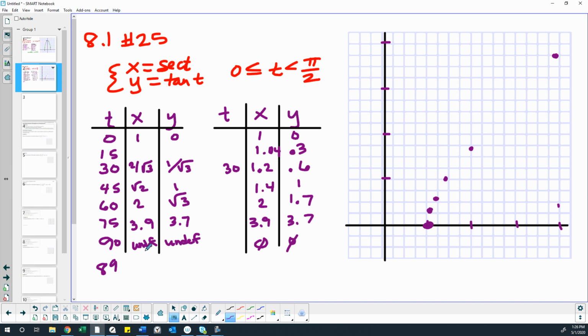Anyway, yeah, sure, throw in whatever you want that's as close to 90 as we can get without going undefined. Whew. So it's going to infinity. 579. Okay. Oh, fine. Either way, big number off our graph.